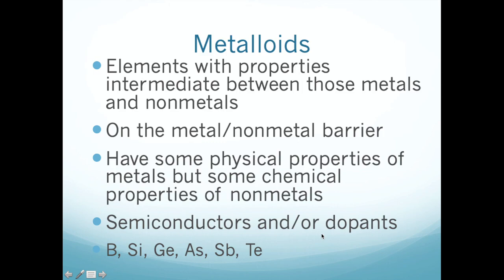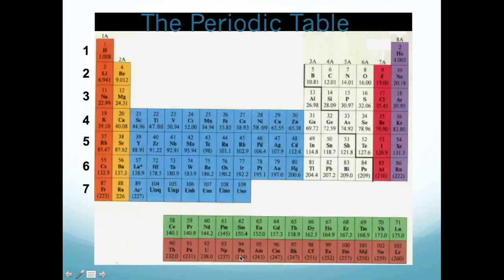You use tiny amounts of them to change the conductivity properties of your semiconductor. Like I said, these are the main metalloids you need to recognize. But again, if you have a periodic table, just remember they're the ones touching the flat parts of that staircase border. Of course, skip aluminium. Aluminium is strictly a metal.